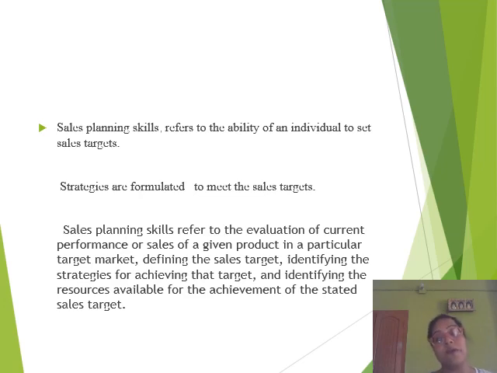So sales planning refers to understanding the current sales performance of the organization, and how much sales we have done of a particular product in a particular target market. How much sales target needs to be achieved? What strategies will be formulated to achieve this target? What resources will be required to achieve the sales target? All of those are defined by sales planning. Sales planning comprises all those things.